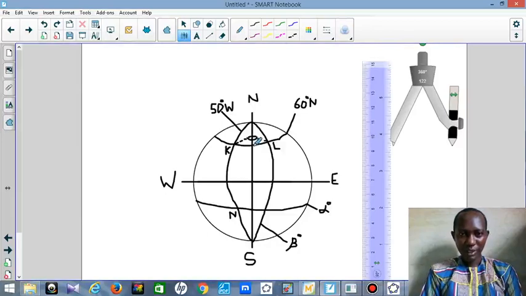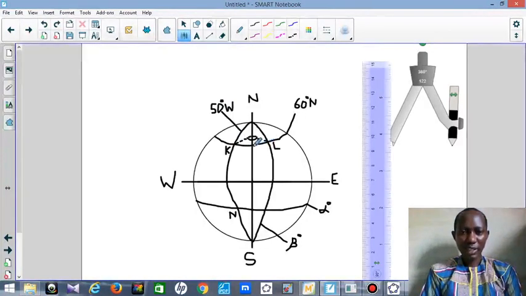So 63 means this sketch is correct. From 0 to K is 50 degrees west. Then the angle between them is 63. So this is already 50, and when you keep counting, 51, 52, 60, 63.